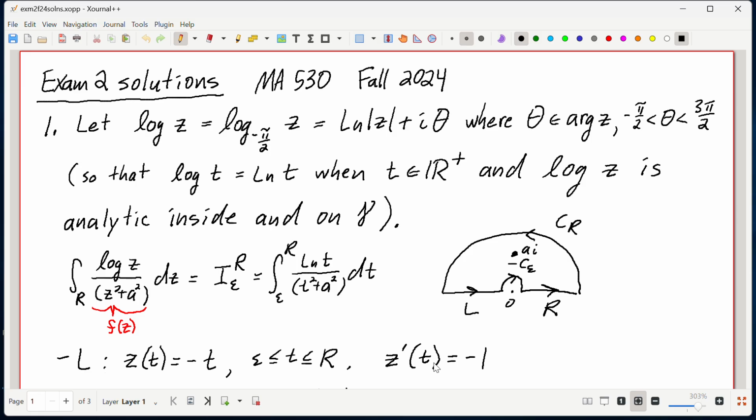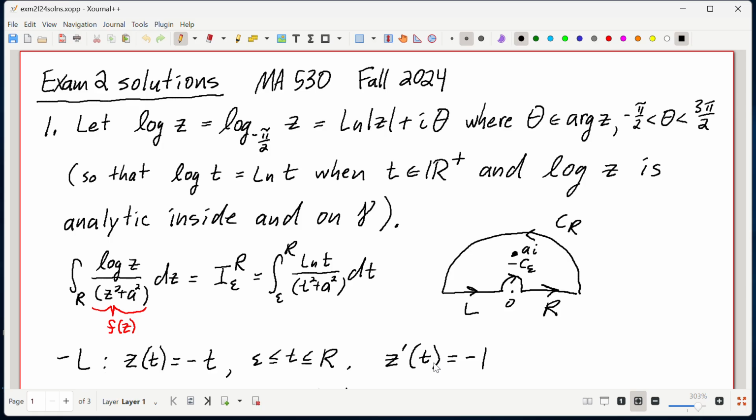And the most obvious one to take would be the one going straight down, from minus pi over 2. And so that's the branch I called log of z, with log being natural log of mod z, that part's always the same, plus i times the argument of z, where the argument is between minus pi over 2 and 3 pi over 2.